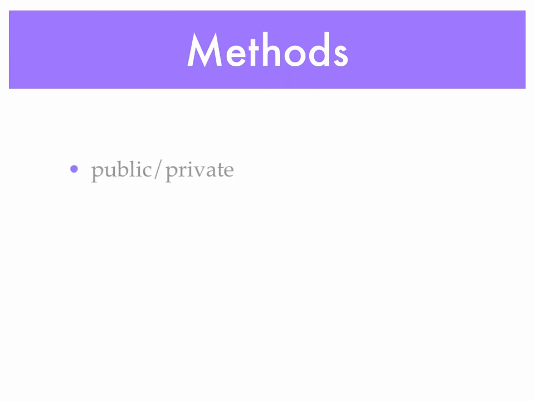Our methods can be public or private, static or non-static, and any variables that are declared inside our methods have a scope of within that method. They're local to that method. Now, methods may have a return type. They may return something. If they don't return anything, they're void. So they'll always have a return type, but they might not return anything.